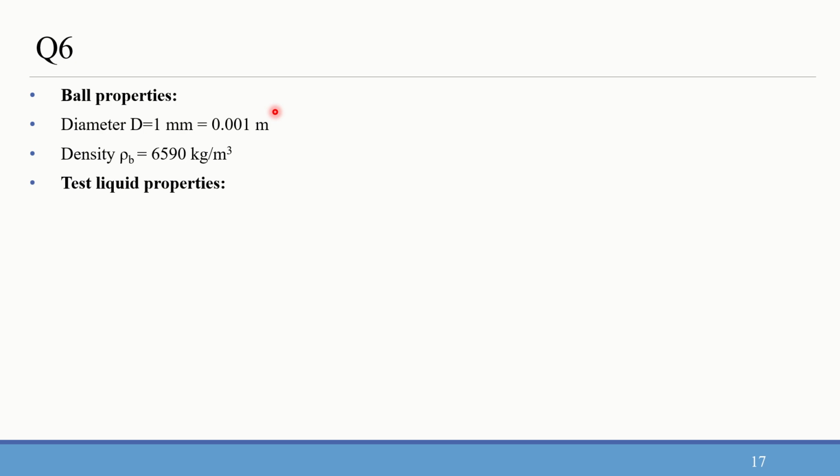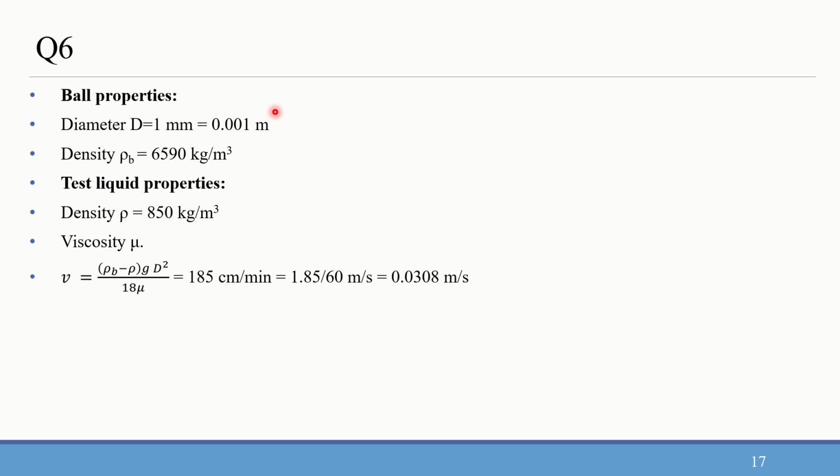The test liquid properties are also given. Its density is 850 kg per meter cube. Its viscosity is unknown, and we are given the speed at which the ball moves. So V is equal to 185 centimeter per minute or 1.85 meters divided by 60 seconds.